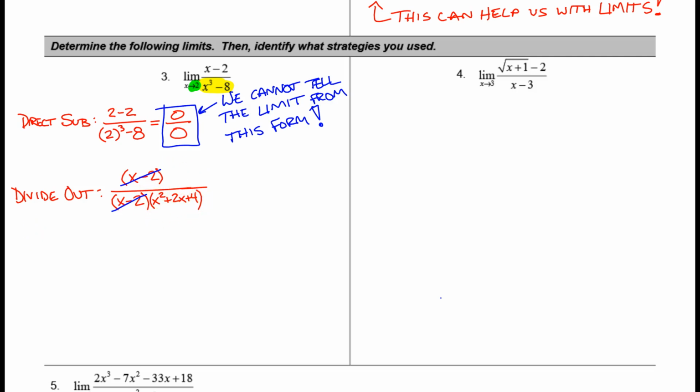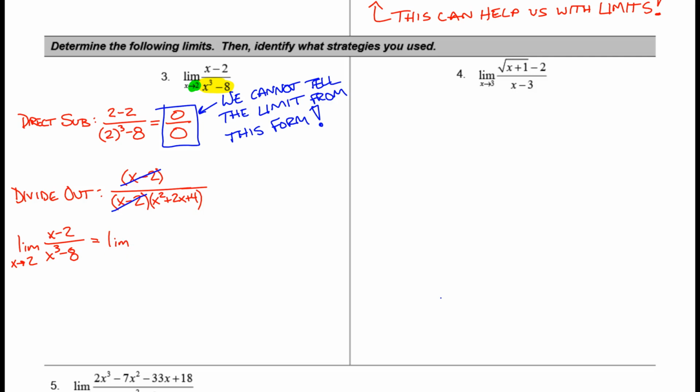So let's go back here and look at our original problem. Our original problem was find the limit of x minus 2 over x cubed minus 8 as x approaches 2. And that gave us 0 divided by 0. It doesn't work. Well, I'm claiming that we don't care about the function at x equals 2.